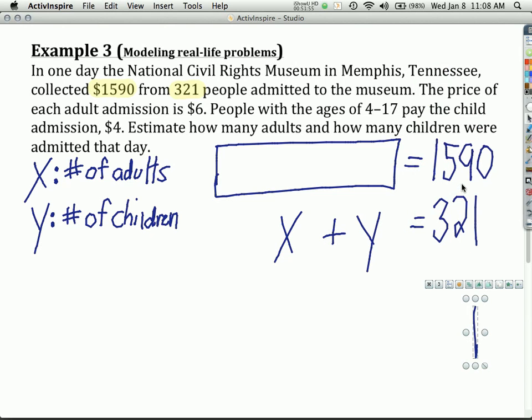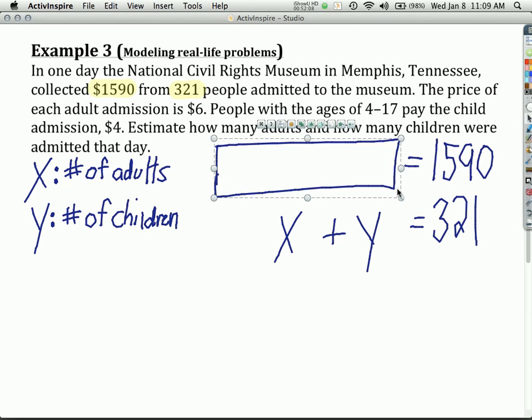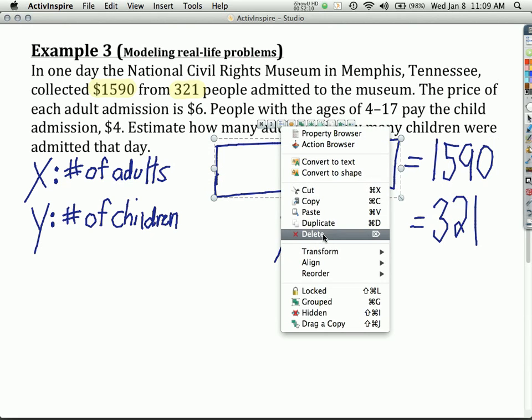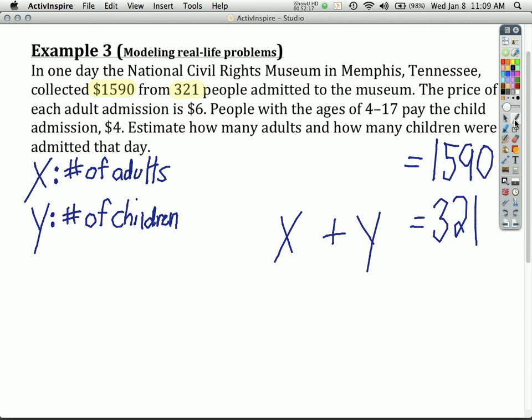So now, the other one is where we use the other information from the text of the question. Catalina? Yeah? Very good.